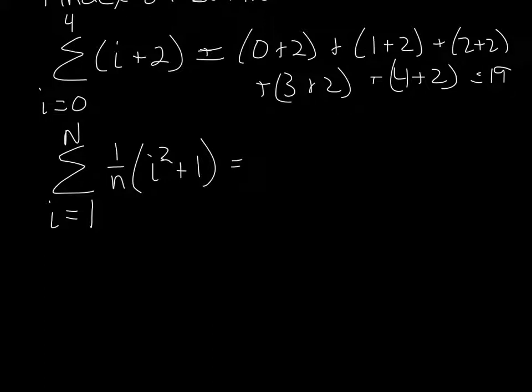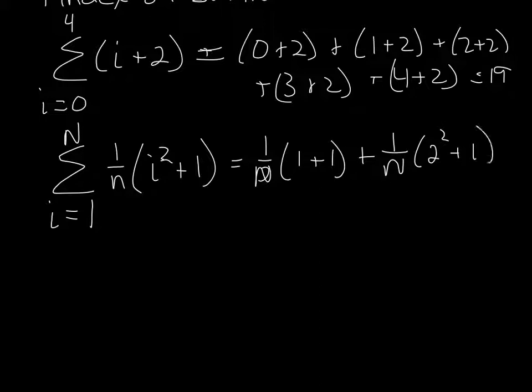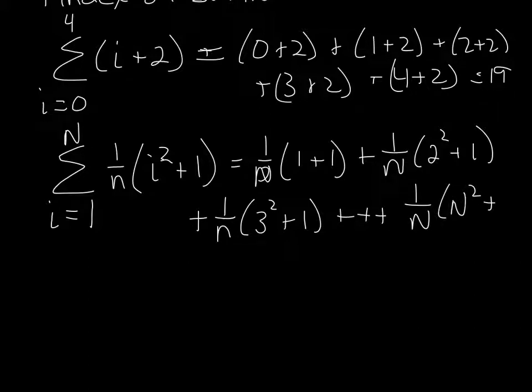But if we wanted to expand it just so that we could see what we're doing, we could have 1 over n times 1 plus 1, plus 1 over n times 2 squared plus 1, plus 1 over n times 3 squared plus 1, and you would go all the way to whatever n happened to be. You can see that could get kind of cumbersome.